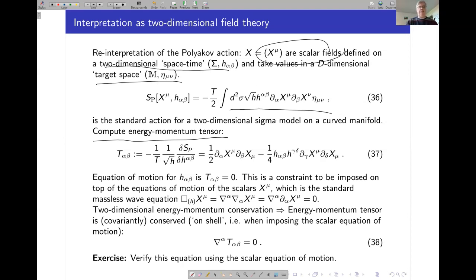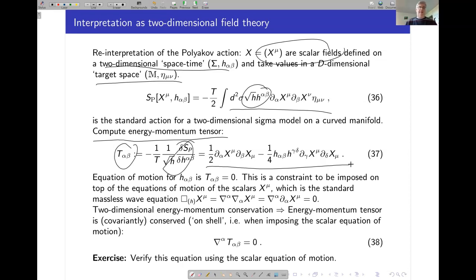And this is indicated here. So how one then computes T alpha beta is one takes the Polyakov action, one replaces the worldsheet metric by worldsheet metric plus an infinitesimal piece, Taylor expands everything to linear order, and then reads off the variation of the action. And this is the right-hand side of formula 37.